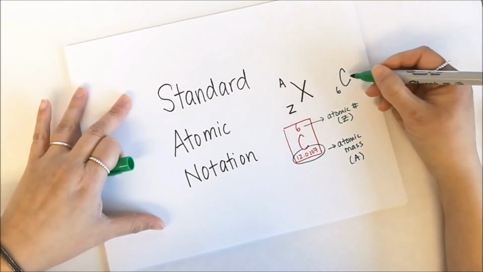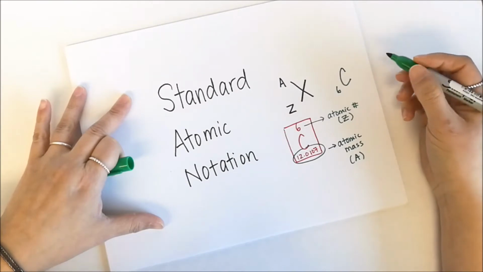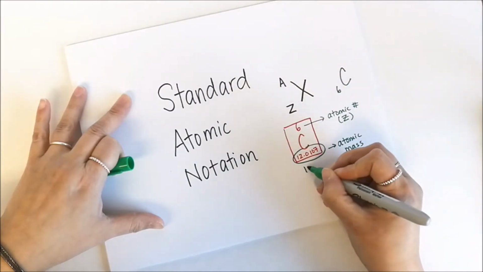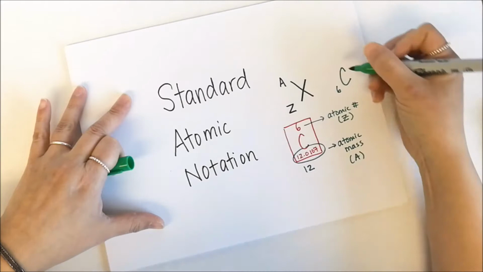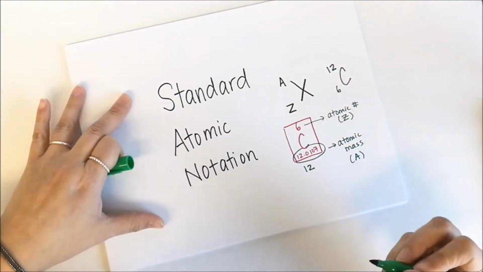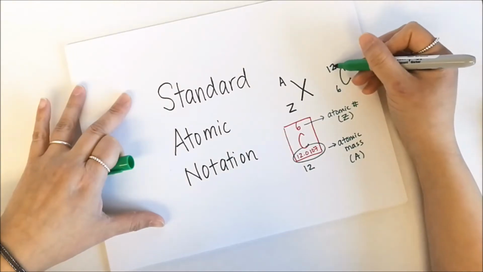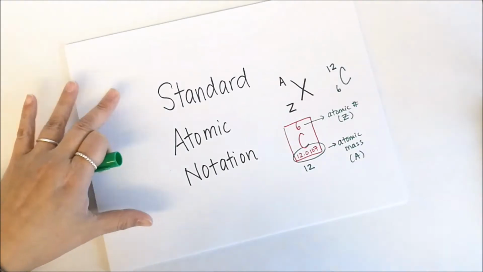So for carbon, first of all, you have to round it to the nearest number when we're drawing the Bohr Rutherford diagram. So this one, I'm going to round it to a whole number of 12, and I'm going to stick it at the top here. So from now on, you're going to be writing every single element with the atomic mass at the top and the atomic number at the bottom, 12 at the top and 6 at the bottom for carbon.